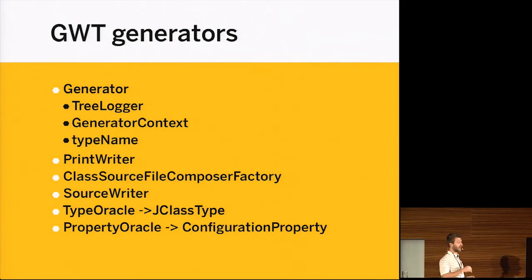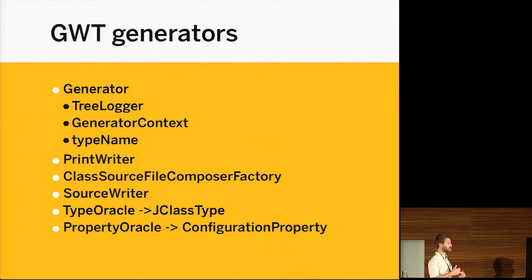The advantage of the GWT generators provided by the GWT toolkit is that you actually get a pre-pruned tree of all the types that you have. All the types that are not accessible won't be available in the type oracle, so you won't be trying to reach the whole world if you have a lot of libraries in your application.